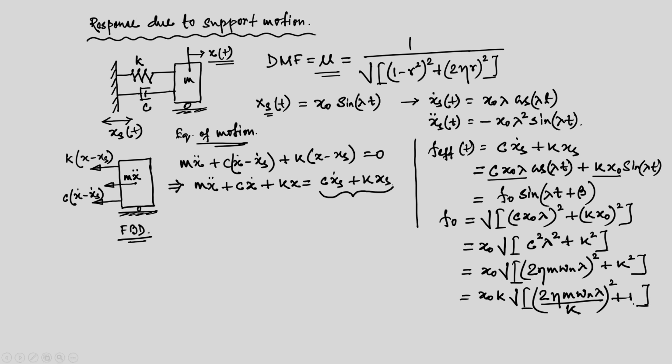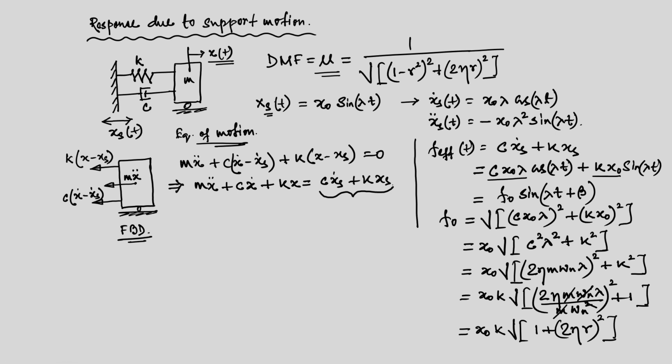Obviously, in place of k we can write m omega n square. Obviously, this m will get cancelled and the omega n will get cancelled. So, we have x naught k times the square root of 1 plus twice eta r whole square, where lambda by omega n is r, the frequency ratio. So, this is the expression for f naught.